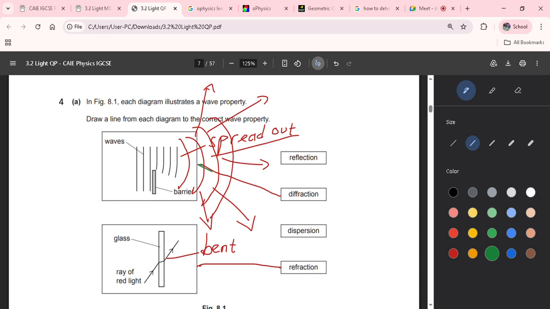So this is diffraction, and it bends, right? The first is straight, and then bends to this direction and bends to that direction. So we call it refraction. This one. Any questions so far?